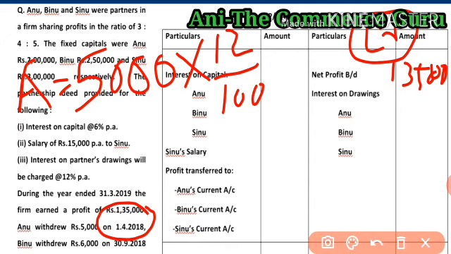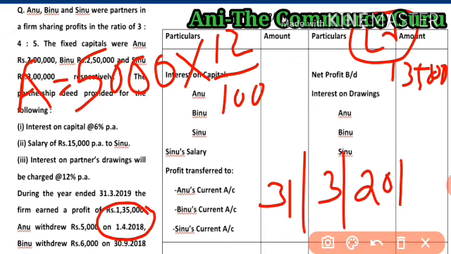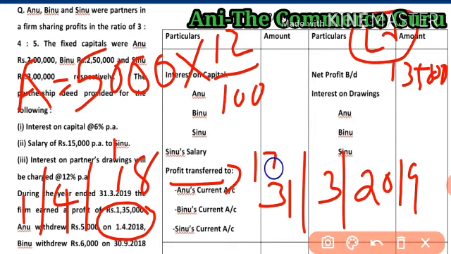We are preparing P&L appropriation account for the year ended 31st March 2019. So Anu's drawing is on 1st April 2018, so for the whole 12 months period we need to calculate the interest on drawing of Anu.